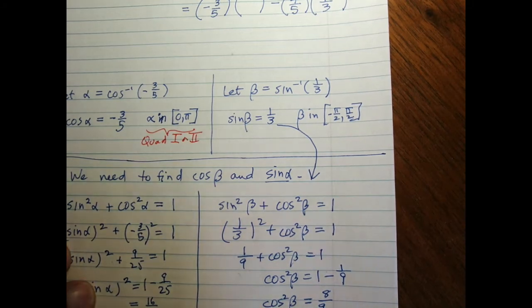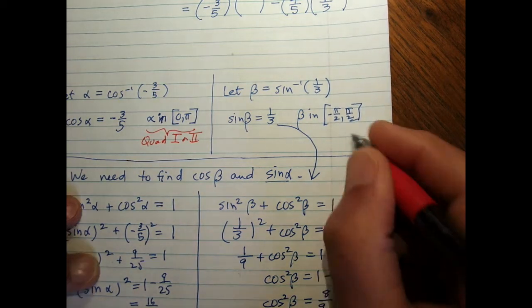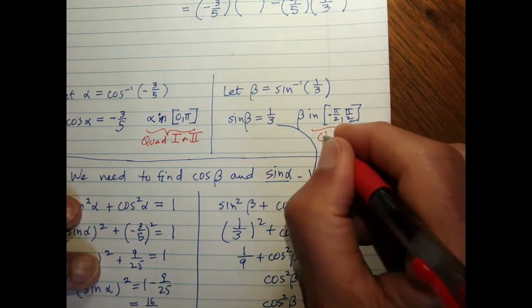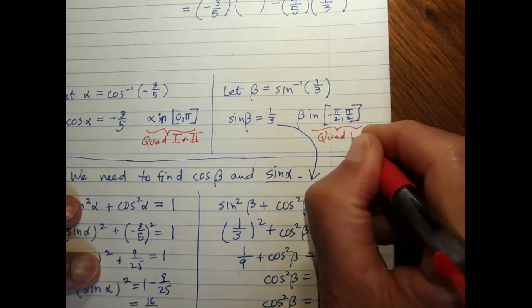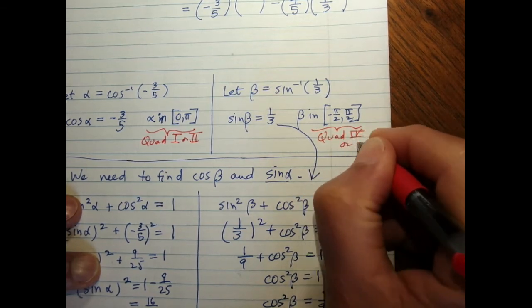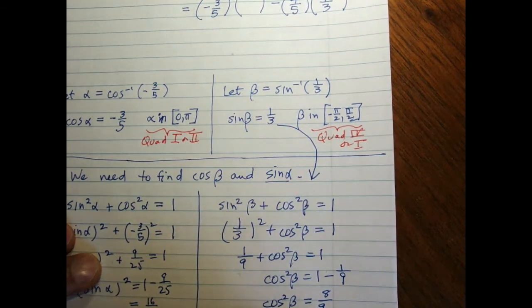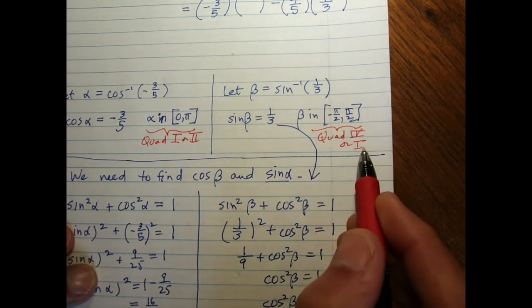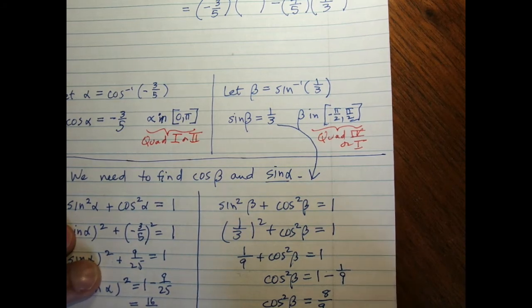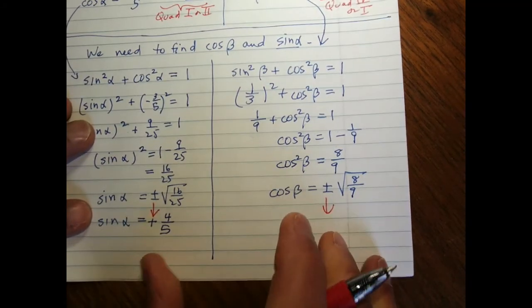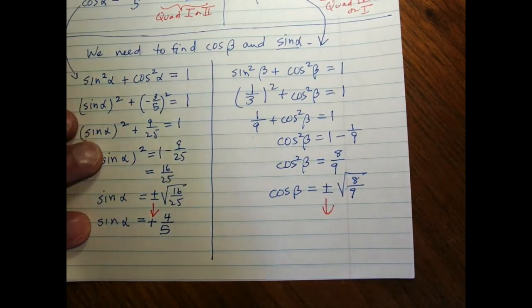And now we've got to think about our quadrant for beta. Beta is in quadrant 4 or 1 because it came out of the inverse sine function. And the funny thing is, for quadrant 1 or 4, when we come down to taking a value of cosine, that's positive.